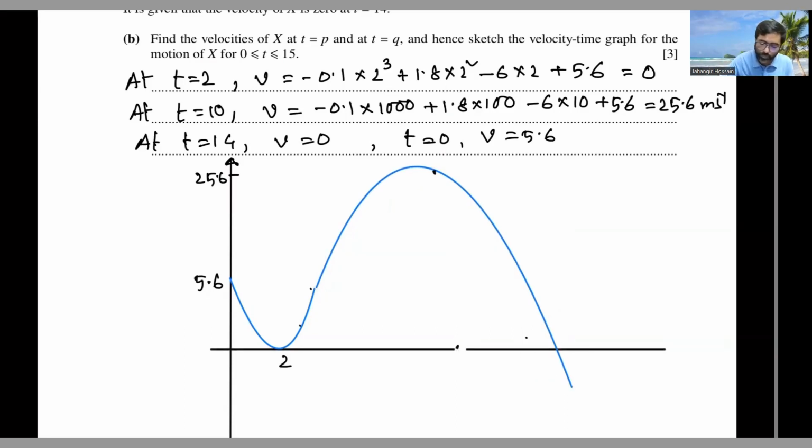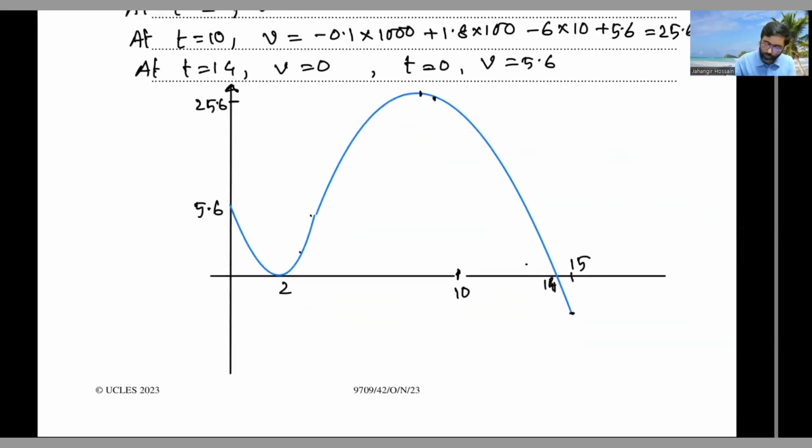Let's draw it. This is 10, 14, this is 15. At t equal to 15, what is the velocity? We have to calculate this.